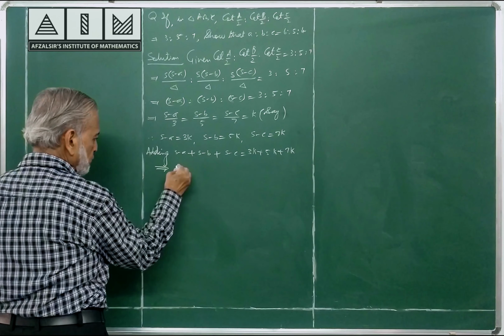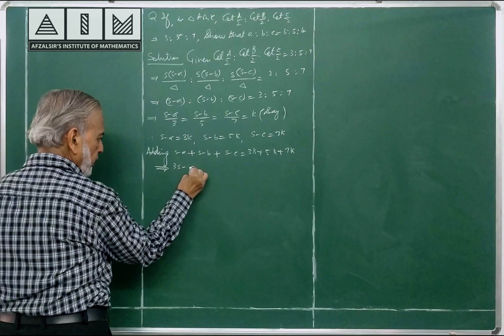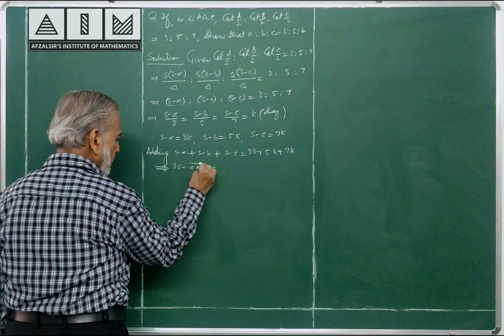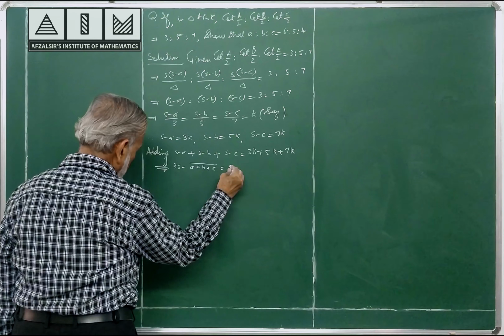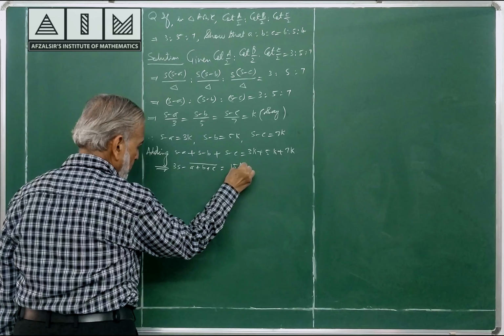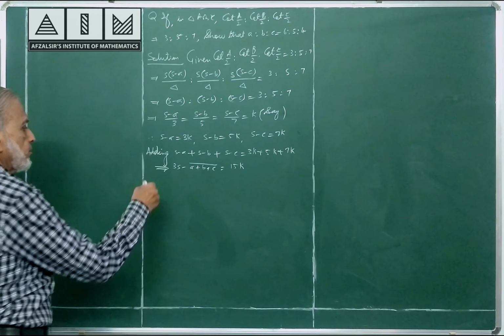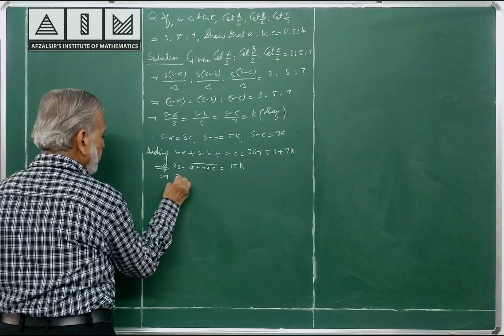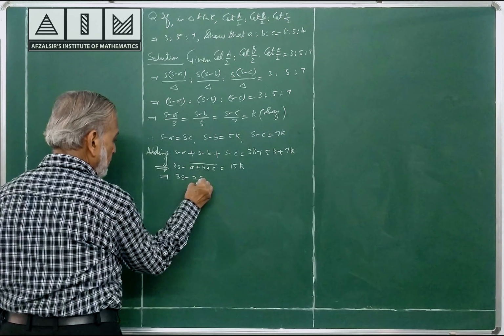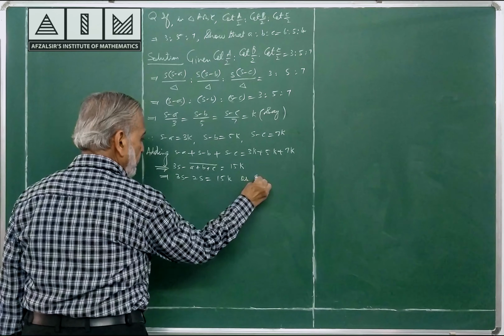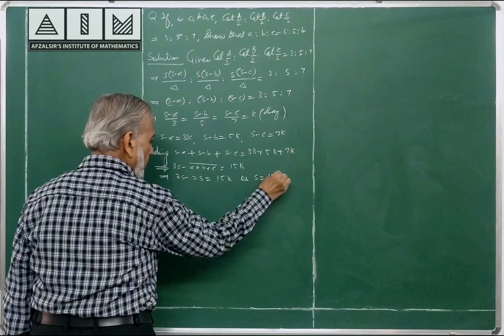This is 3S minus A minus B minus C, or may I say A plus B plus C is equal to 15K. 3K plus 5K plus 7K is 15K. 3S minus 2S is equal to 15K, or shall we say S is equal to 15K.